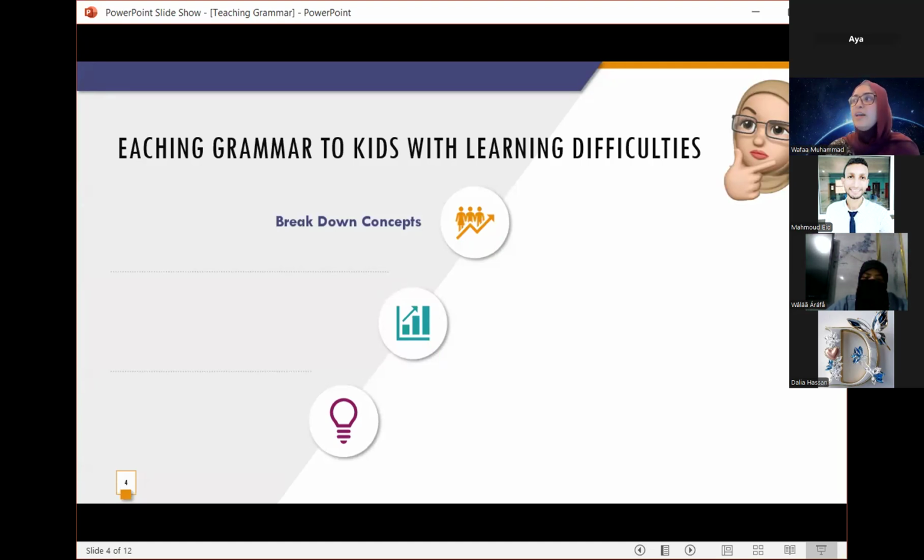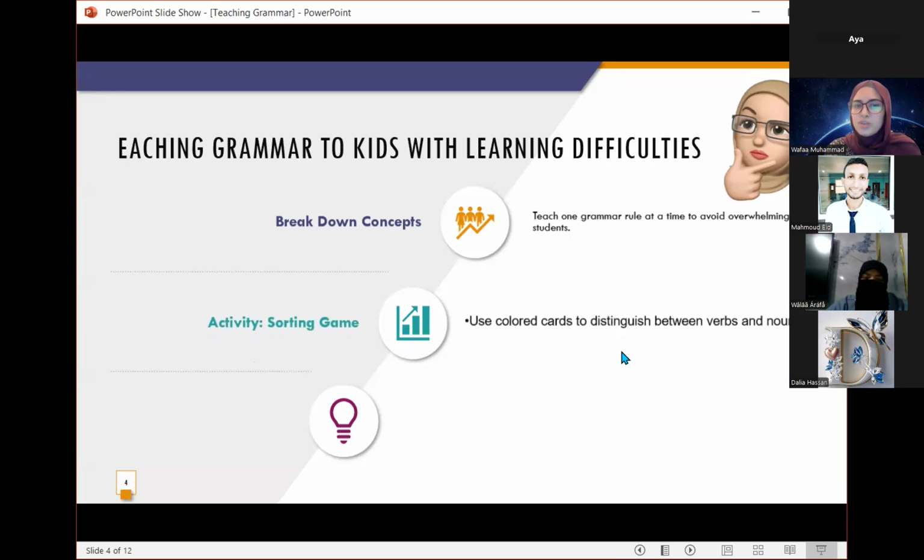So what do I need? I need to break down the concepts. How can we do that? You teach one grammatical rule at a time in order not to let them feel overwhelmed, okay? The next one is the sorting game. What is this sorting game? You can use a colored card to distinguish the different parts of speech.